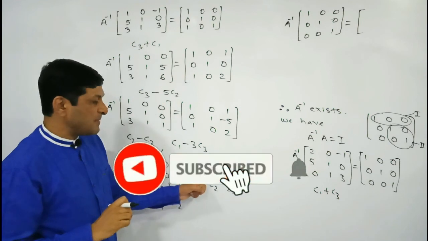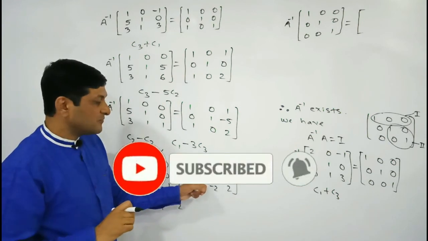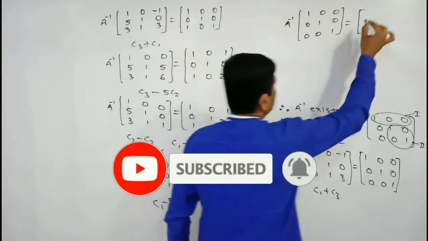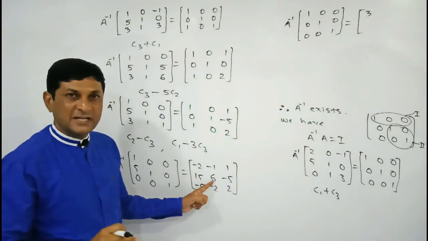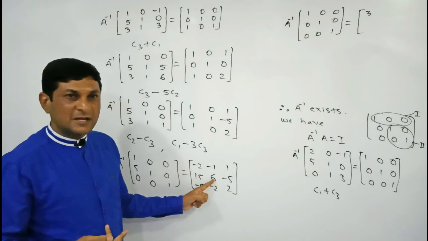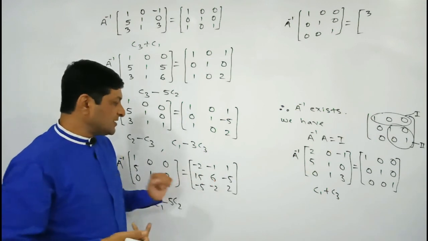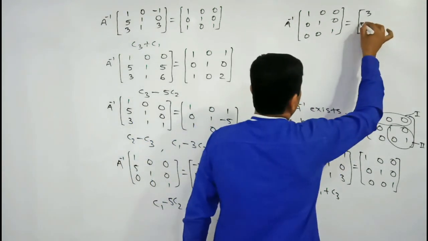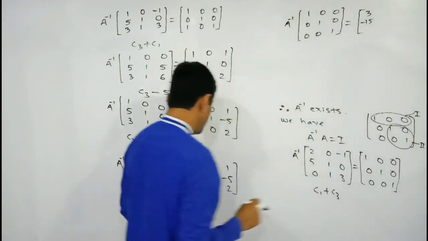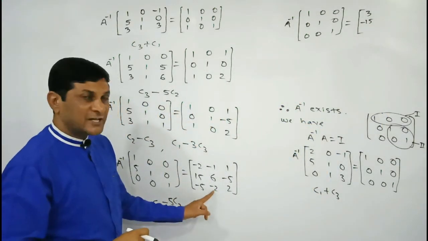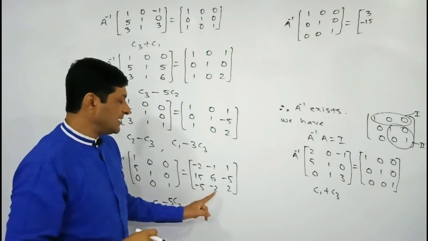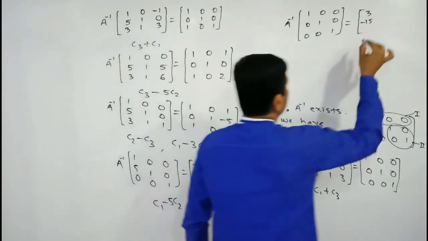Multiply by minus 5, here we will get plus 5. 5 minus 2 will be equal to 3. Again here multiply by minus 5, we will get minus 30. Minus 30 plus 15 will be equal to minus 15. Later on multiply here by minus 5, we get minus 5 into minus 2 will be plus 10 and 10 minus 5 will be equal to 5.